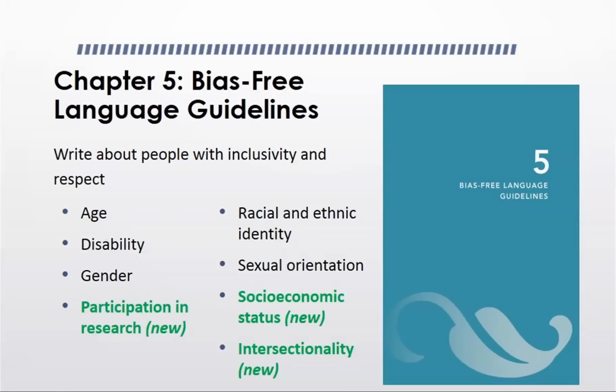Some of the guidelines here have been updated and some of them are new. We worked with panels of experts who provided their recommendations on best practices. So you can see here that the information on participation in research, socioeconomic status, and intersectionality is all new. And then the guidance on age, disability, gender, racial and ethnic identity, and sexual orientation has all been updated.